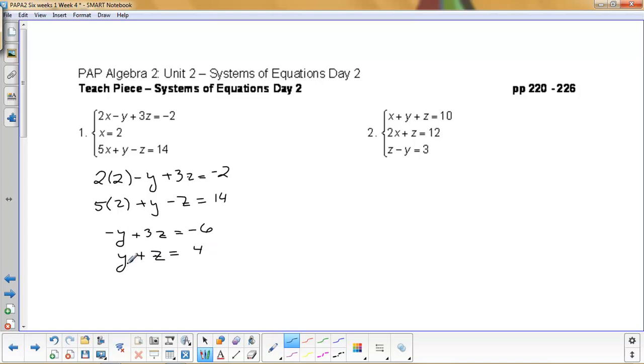Once you've done this, now you have a two variable, two equation system. You can use linear combination to solve. Recall that you're looking for the variable that has the sign change and the coefficient that's the same. In this particular problem, that is very obvious. The y cancels out. That becomes 4z equals negative 2.